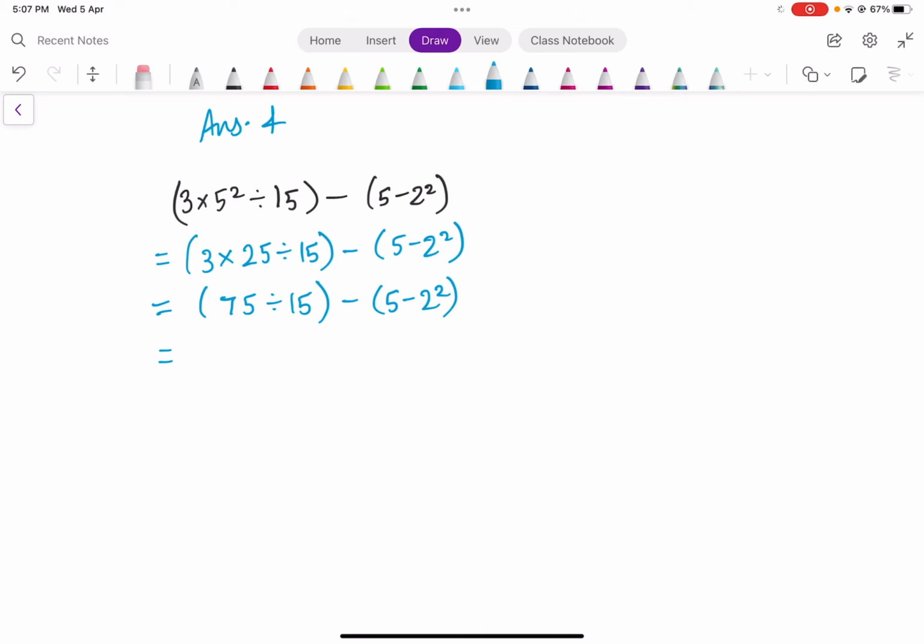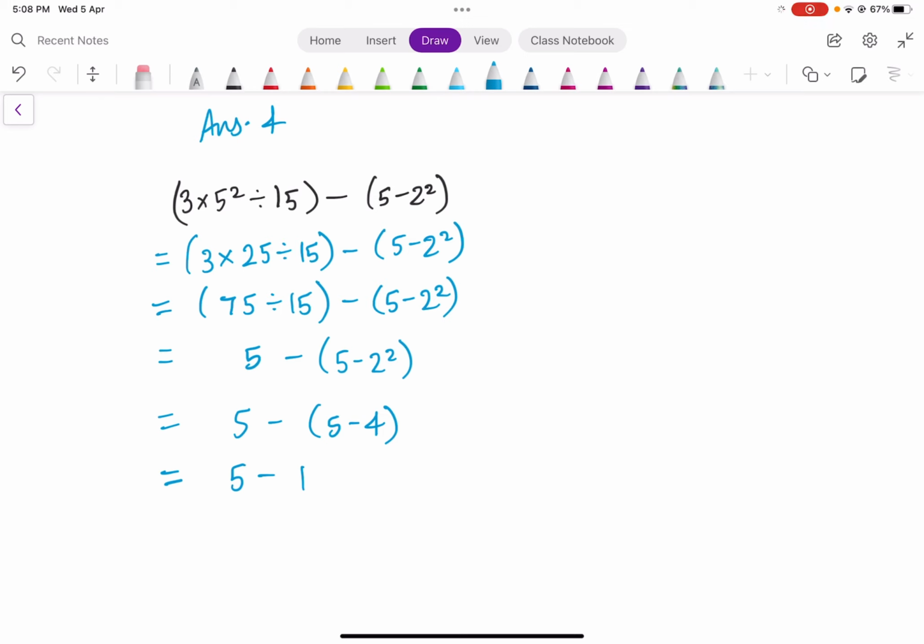So 3 times 25 is 75, and 75 divided by 15 minus 5 minus 2 squared is the rest of our equation. 75 divided by 15 gives us 5. So we can automatically remove the brackets, and then 5 minus 2 squared. So 5 minus 2 squared is 4. So 5 minus 4. We can solve the subtraction in our brackets. 5 minus 4 gives us 1.